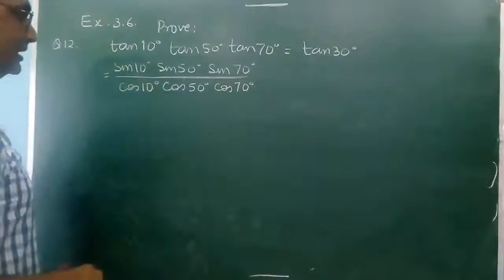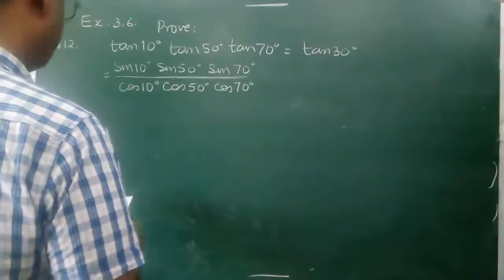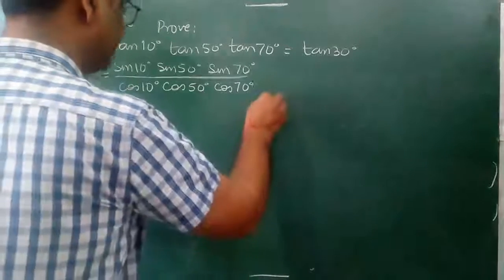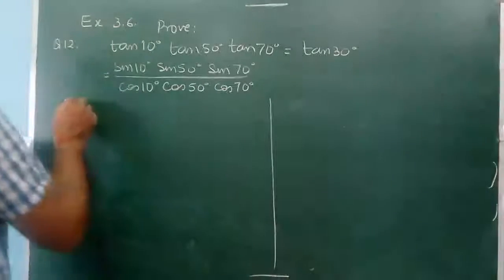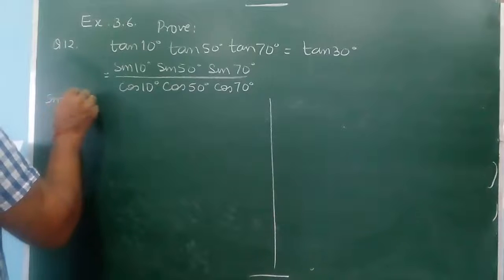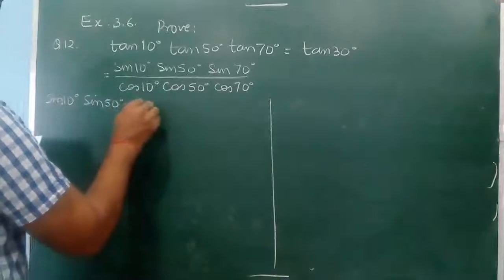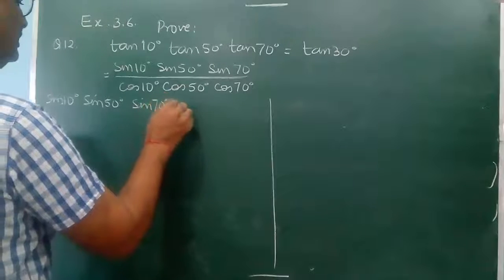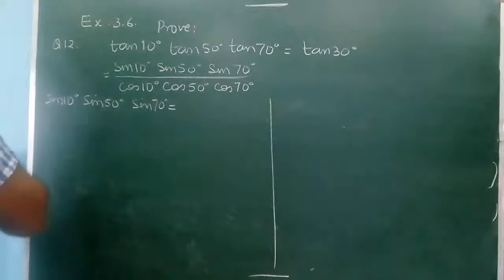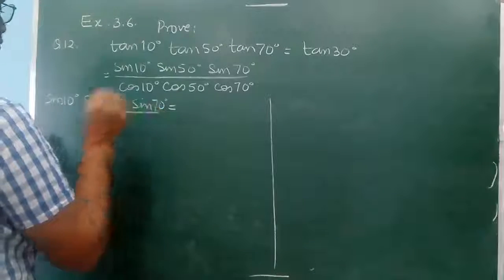This one we can write like this. We will be solving the two separately. So here I will put a line. So I write here sine 10, sine 50, sine 70 equal to, I will take these two first.